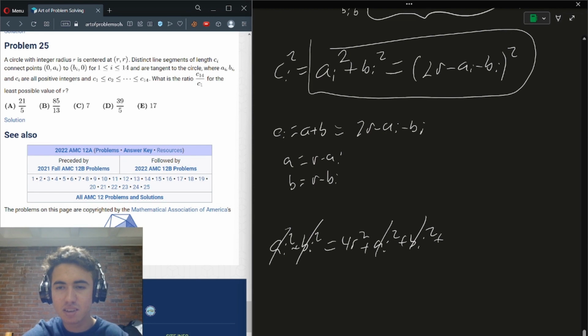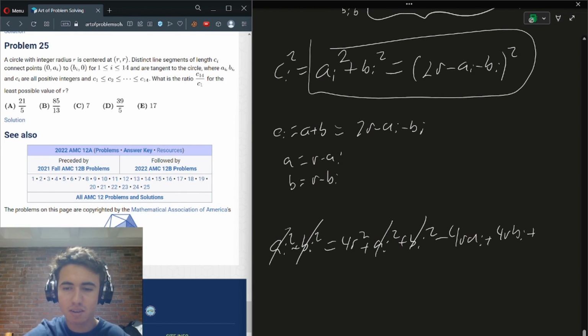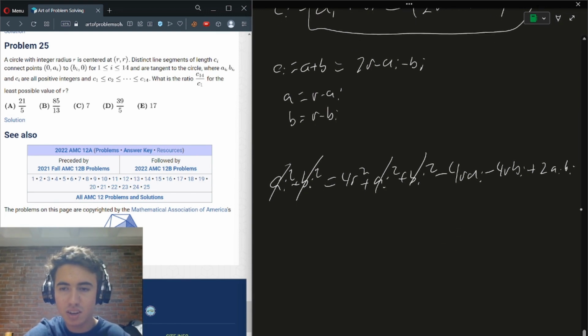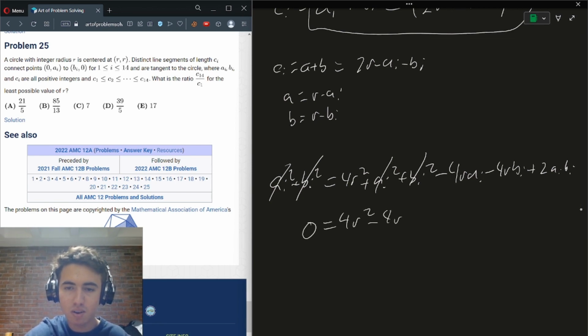So we'll have plus 4r a_i, plus 4r b_i, no, these should be minus, right? Sorry, that is my bad. This should be minus, plus 2 a_i b_i. And let's rewrite this more neatly. So I'm going to rewrite this as 0 equals 4r squared minus 4r a_i minus 4r b_i plus 2 a_i b_i.